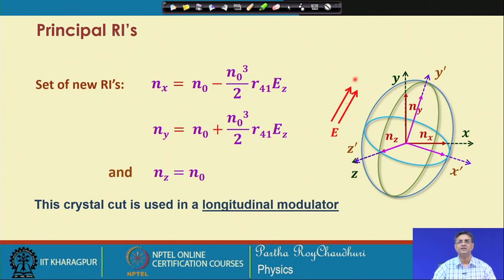As a result there will be a birefringence, and depending on the length travelled there will be a phase delay. Once you have the phase delay or the retardation, you can set up a modulator with this. This configuration, that is the electric field and the light travelling in the same direction in an isotropic crystal, gives you a longitudinal modulator.